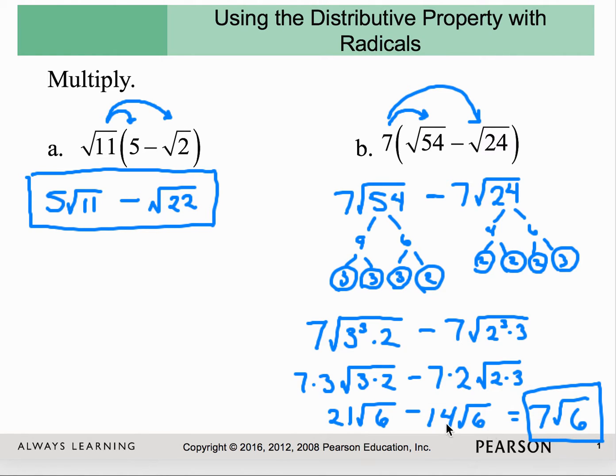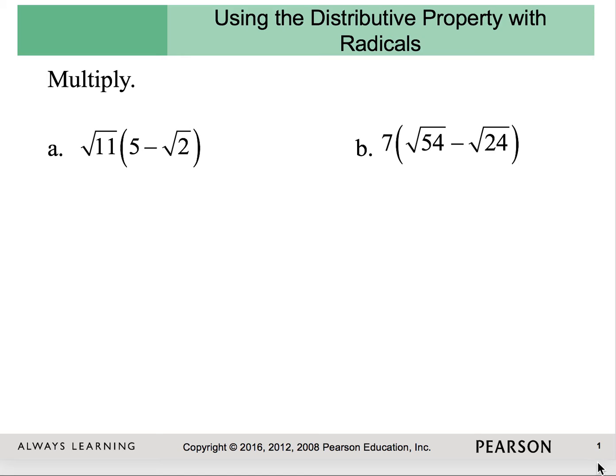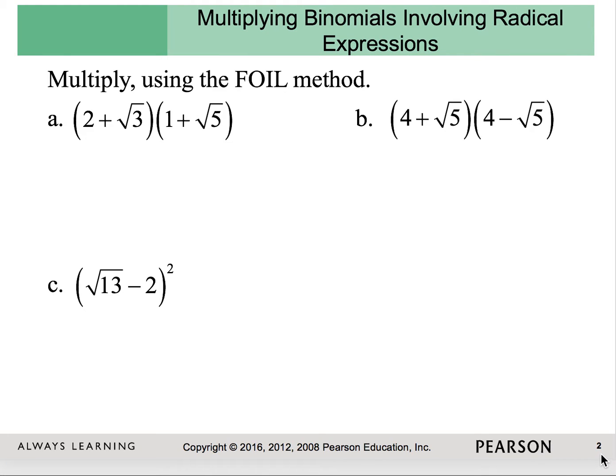Okay, so really everything involved in this process is stuff we already know. We're just putting it all together. Okay, same thing here. Stuff I already know. I know how to multiply binomials, and I know how to multiply radicals. I'm just going to put the radicals together with the binomials.